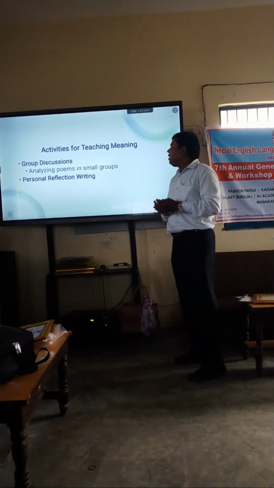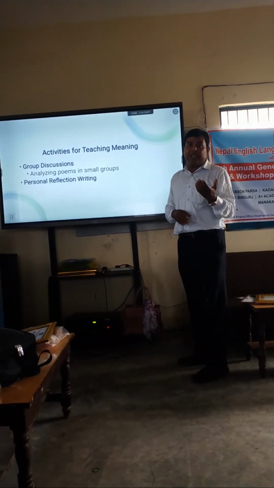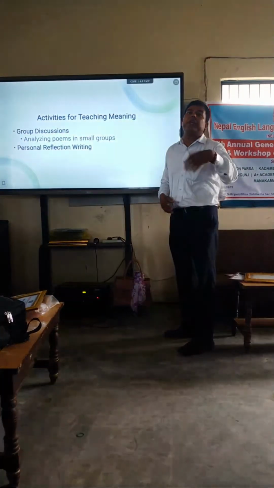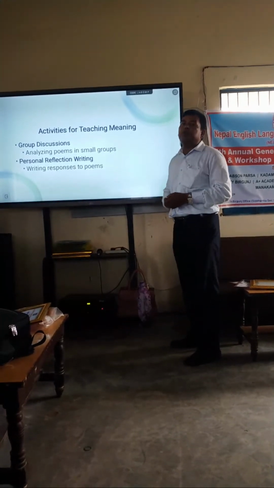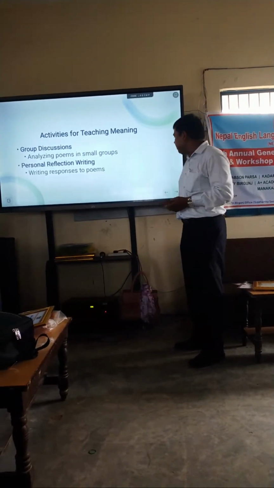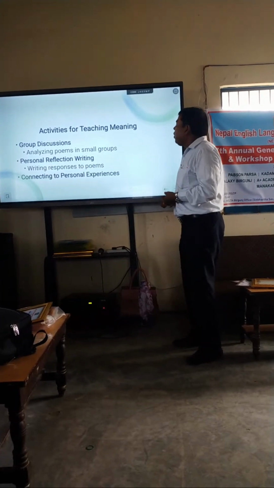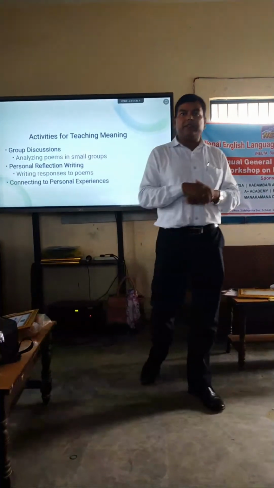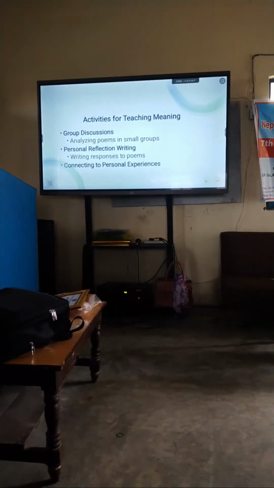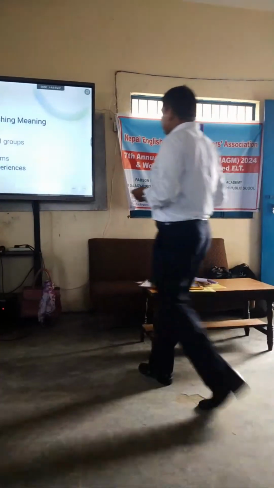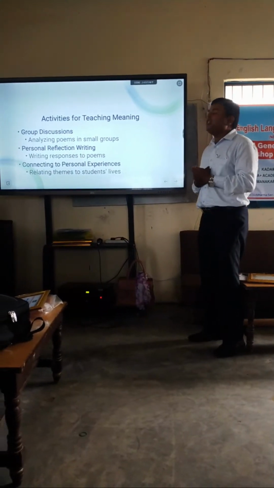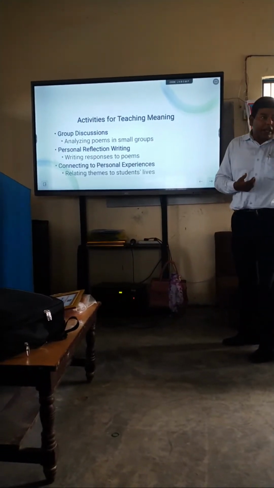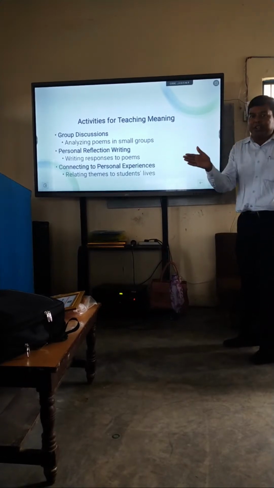Personal reflection: writing what they understand about poetry, after going through the poetry, what they understood. Writing responses to poems. Connecting to personal experiences. Relating things to a student's life.